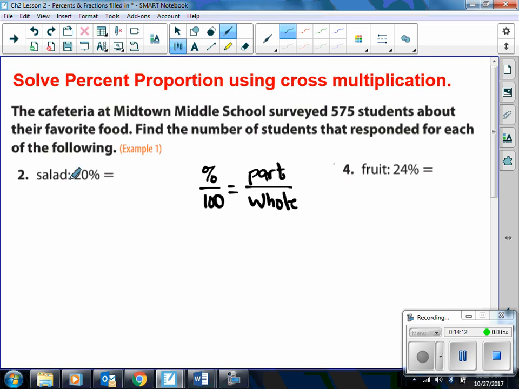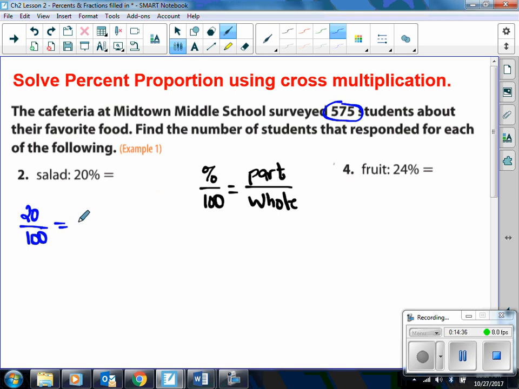Okay, the part over the whole. So, for the 20%, we're going to write that percent as a fraction over 100. So that's going to be 20 over 100. And that's going to be equal to the part over the whole.